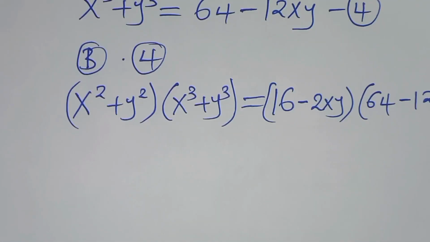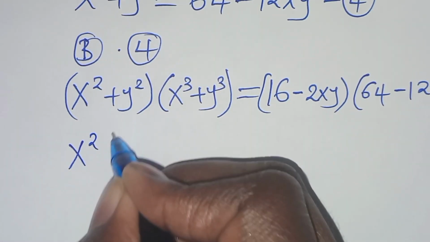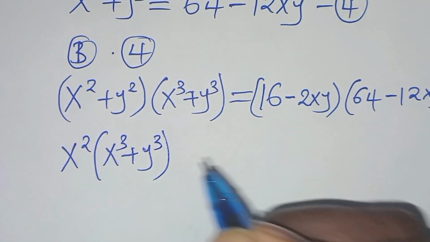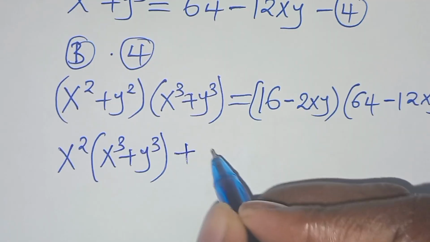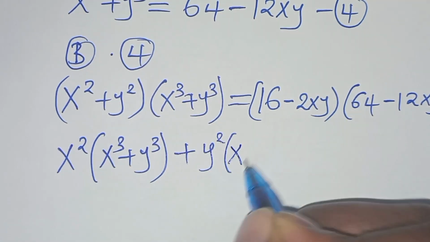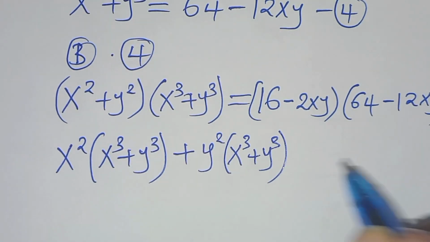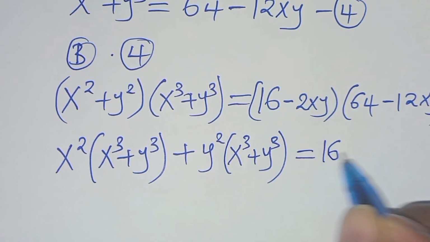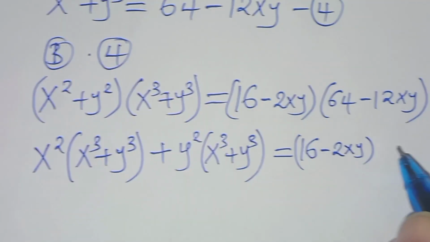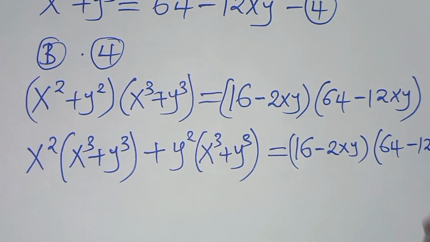So this implies we have x to power 2 times x to power 3 plus y to power 3, plus y to power 2 times x to power 3 plus y to power 3, equal to 16 minus 2xy times 64 minus 12xy.